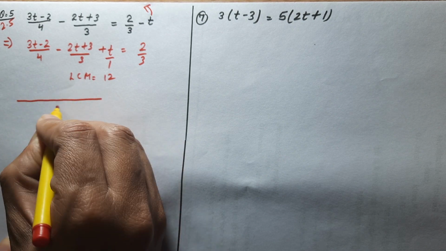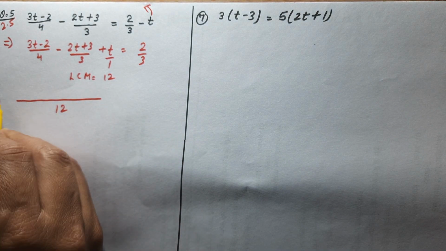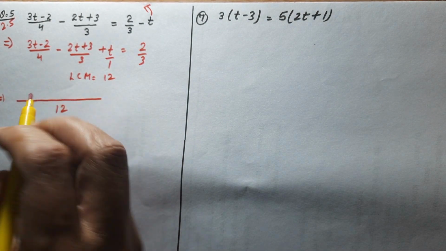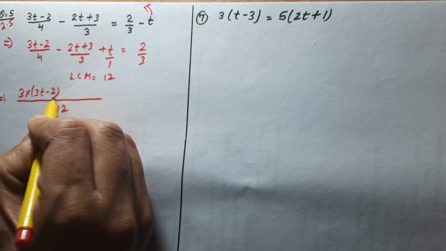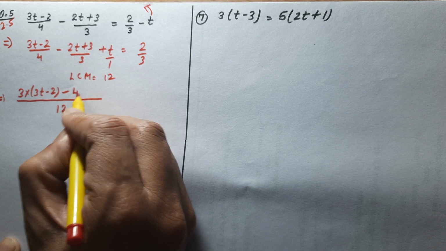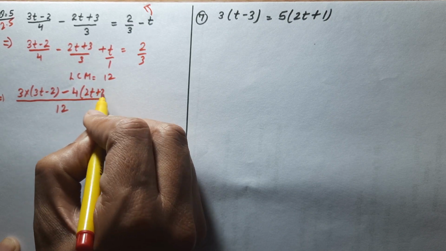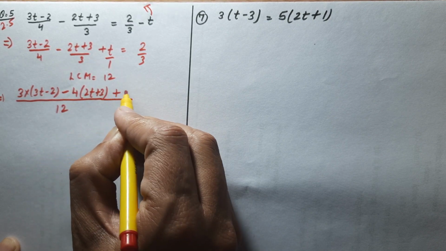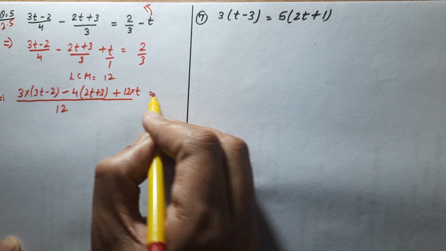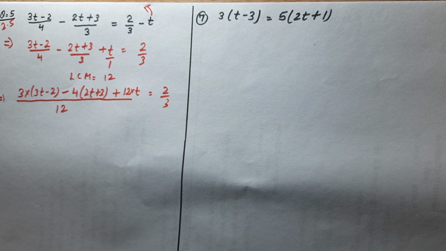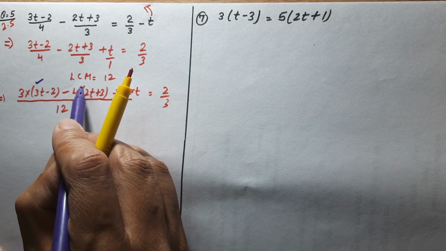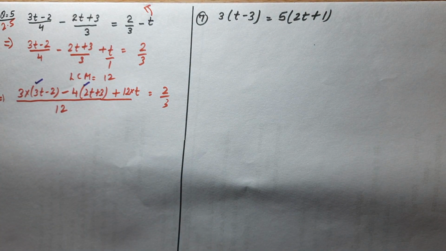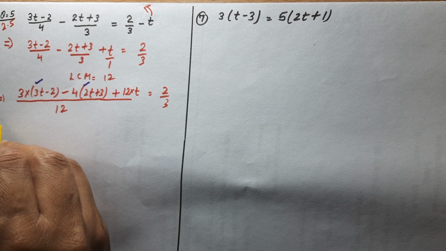Along the left hand side LCM will be equals to 12. 4 3s are 12. 3 into 3t minus 2 minus 3 4s are 12, 4 into 2t plus 3 plus 12 into t. Now understand here I have put them in the brackets because we have to multiply and change the sign also.